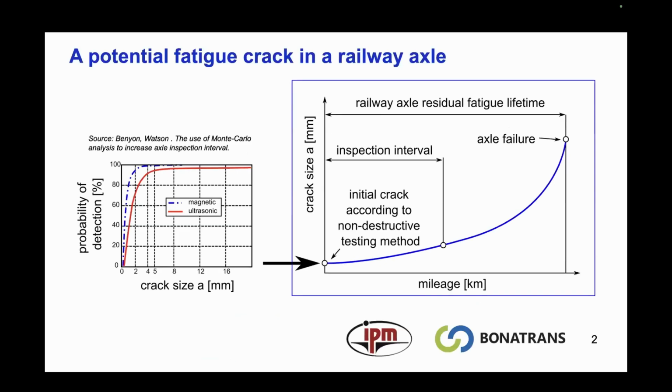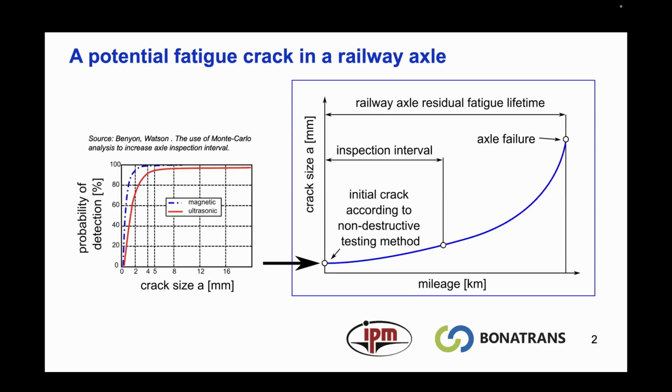I will talk about the fatigue lifetime of railway axles. In our design process, we assume the existence of some initial crack. The size of the initial crack is the limit size of a crack which can be recognized by non-destructive testing methods.